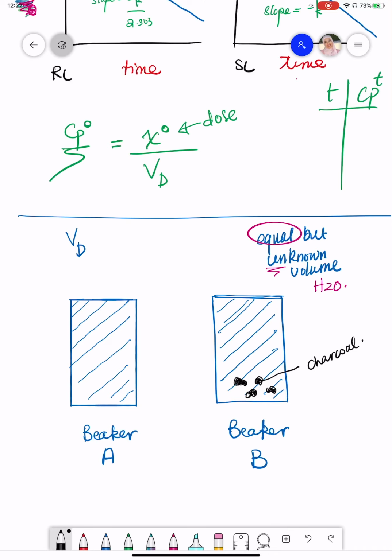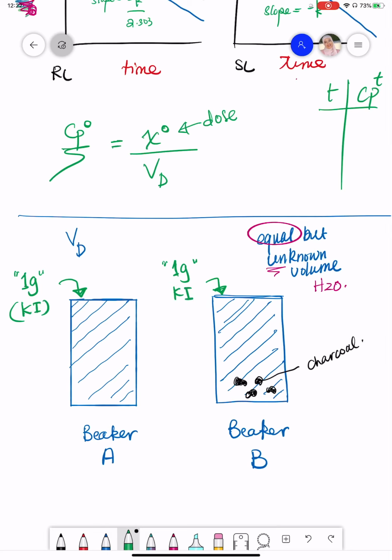Then in both beakers, in A and in B, we added the same equal amount of potassium iodide. Let's say 1 gram here, and the same thing here, 1 gram of potassium iodide.